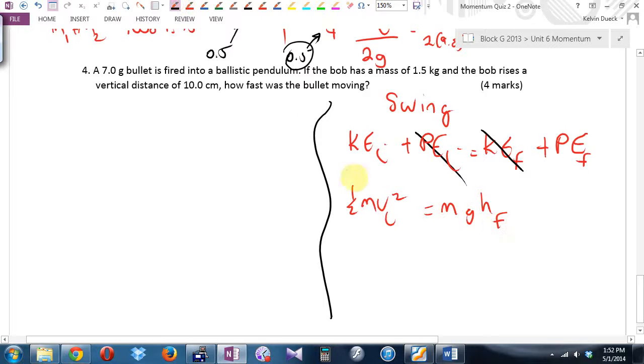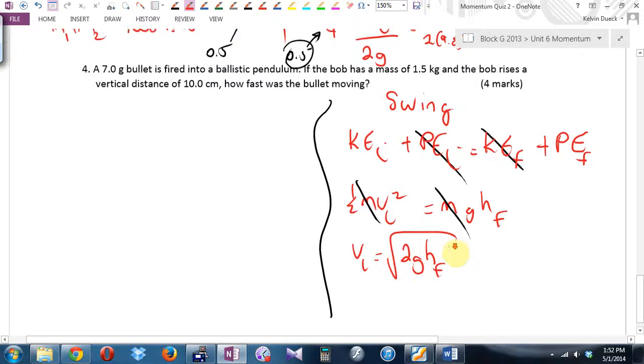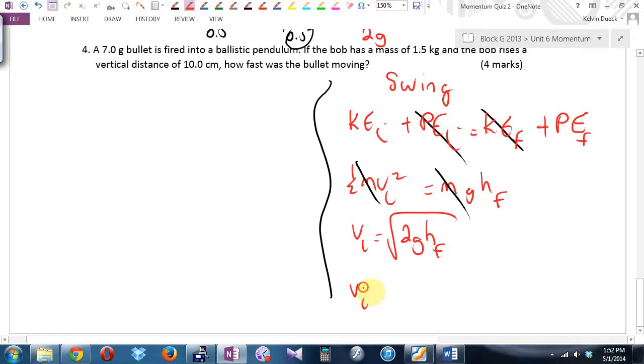Which m? It is the mass of both, but they're going to cancel anyhow, so what do I care? Then v initial is going to be the square root of 2 g h final.